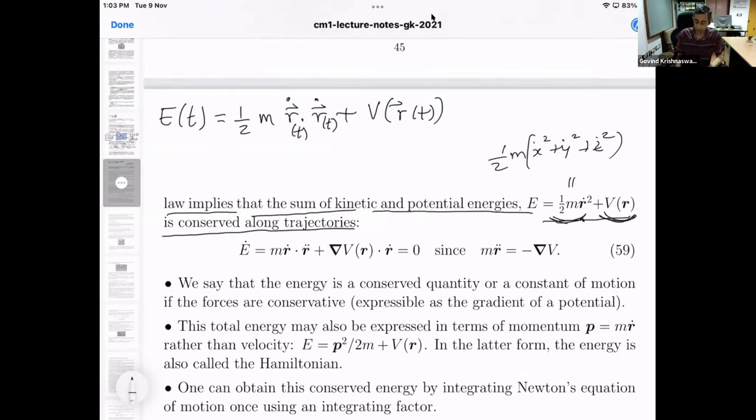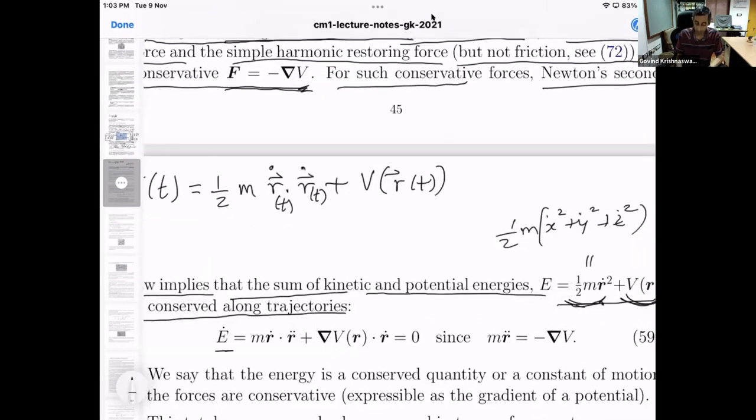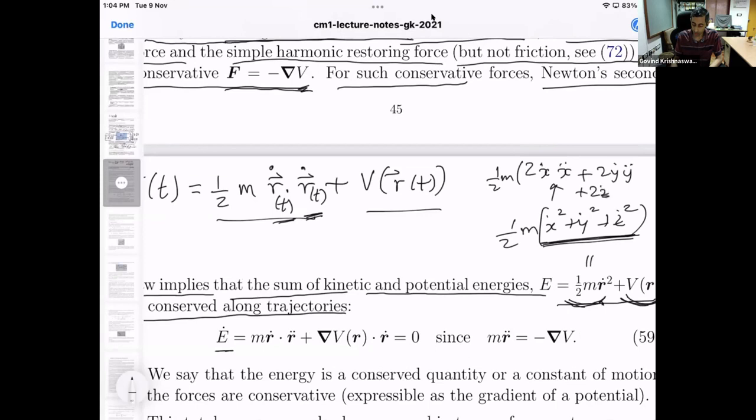So let's compute E dot, the rate of change of this energy. We have to differentiate both the terms. So the first one, we are going to use the product rule of differentiation. You have a product of two functions of time, or you can go down to the component form, x dot squared plus y dot squared plus z dot squared. When you differentiate with respect to time, you will get half m times 2x dot times x double dot, plus 2y dot times y double dot plus 2z dot times z double dot.